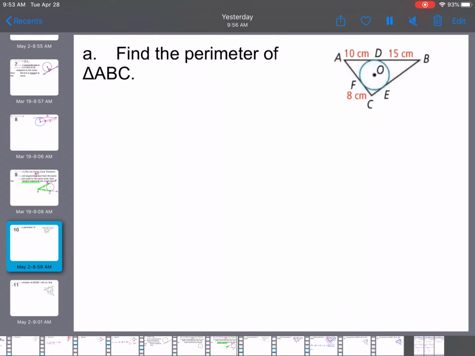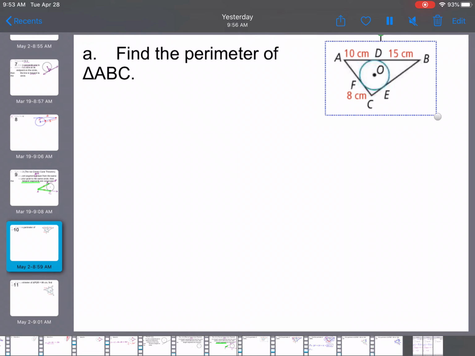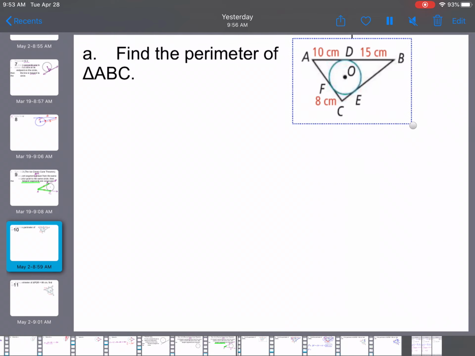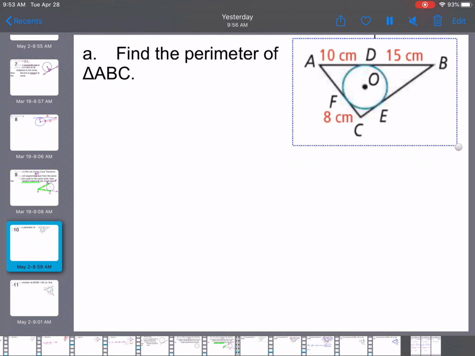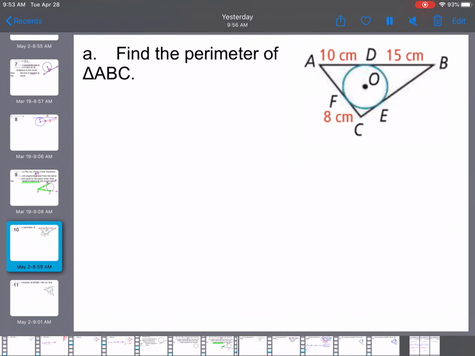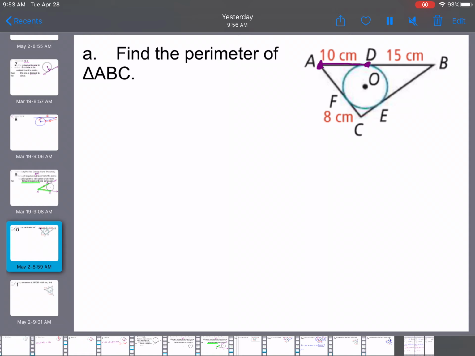And let's take a look at what we know. We know the length of some of these tangent segments right here. Let me make that diagram a little bit simpler to see here, I hope. All right, and let's take a look at what's going on right here. So point A is a point that's located outside of the circle, and there's a tangent segment that goes from point A to point D, and we know that the length of that tangent segment is 10.